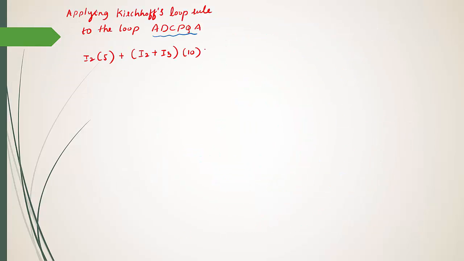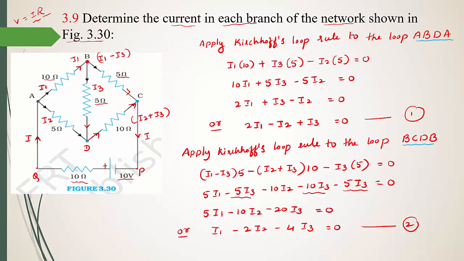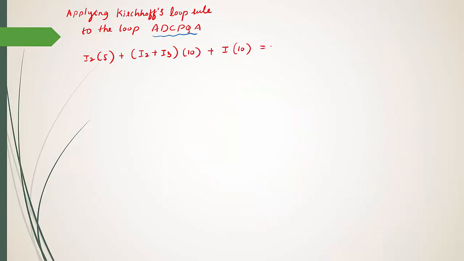So here I can write it is along the direction plus I into 10 is equal to, here it is having the battery supply, the potential 10 volt. Let us take it as is equal to 10 volt. Is it clear?